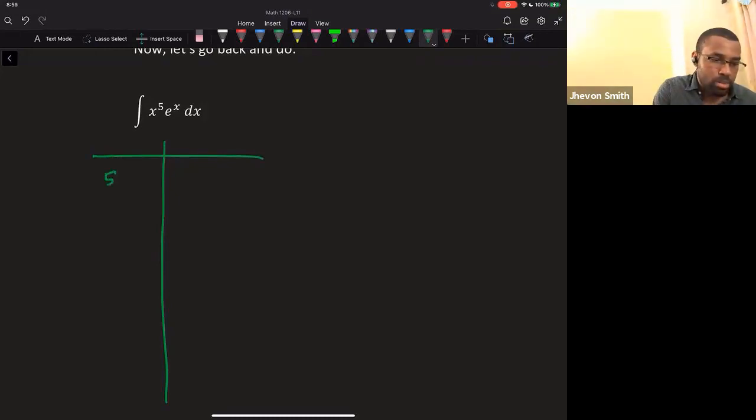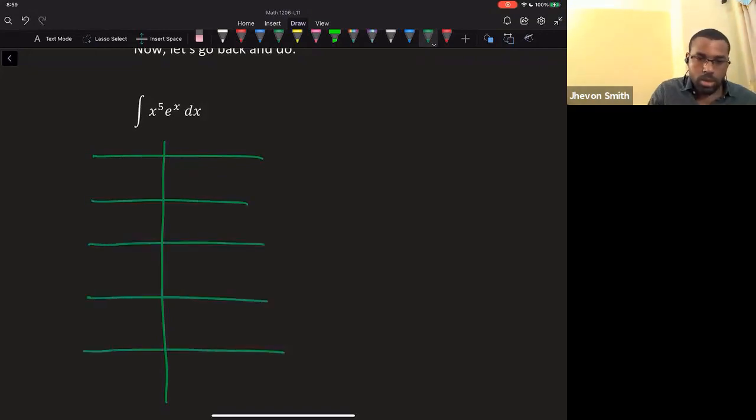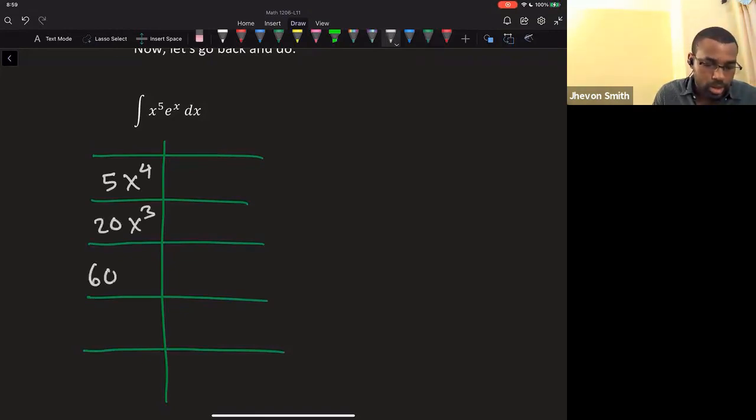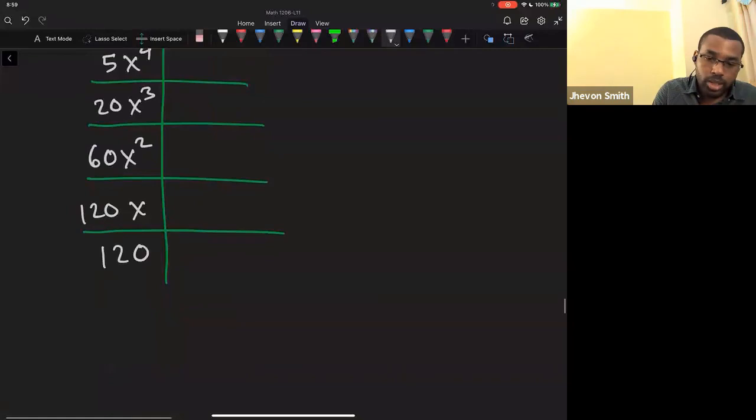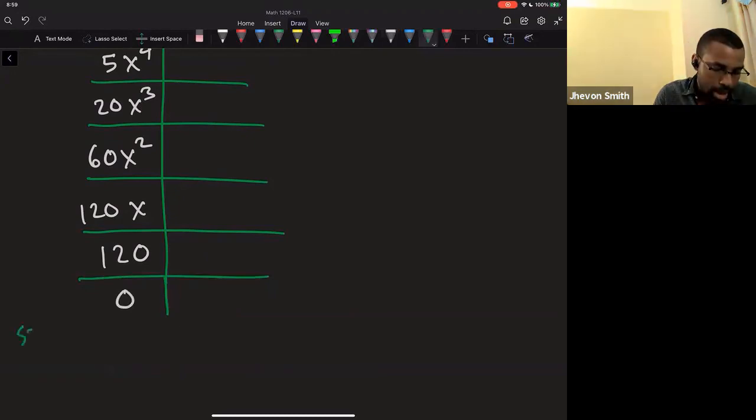I get 5x to the fourth, 20x cubed, 60x squared, 120x, 120, and eventually I would hit 0. Now at that point, stop.